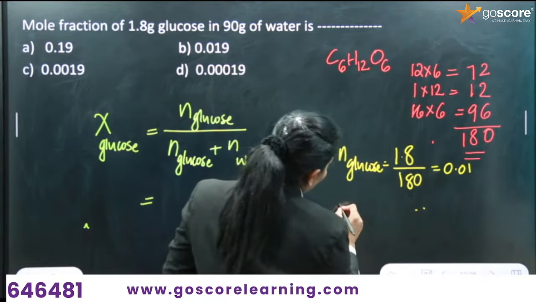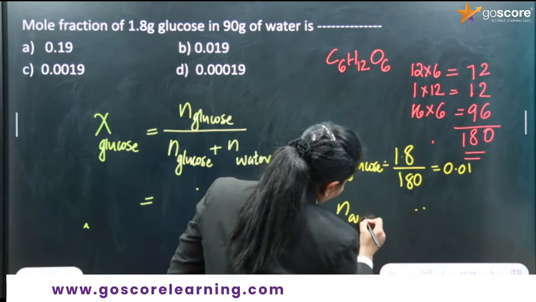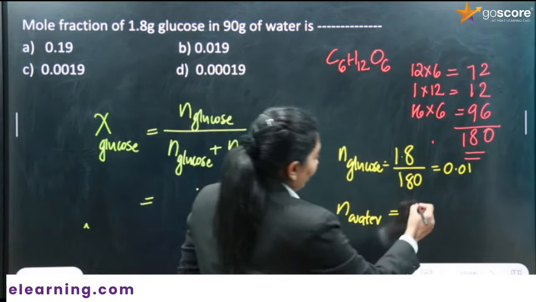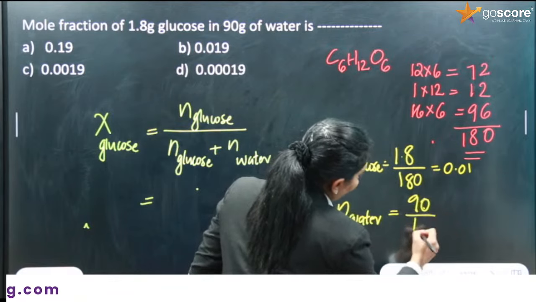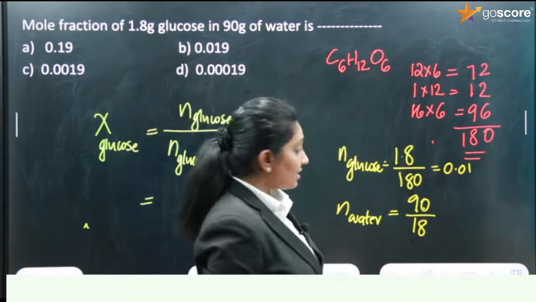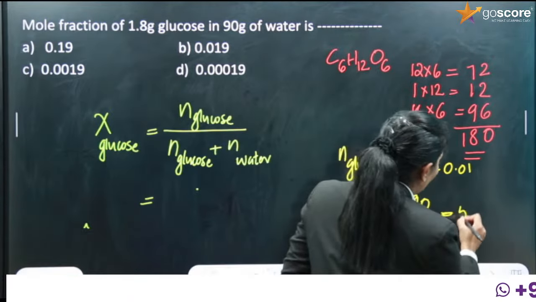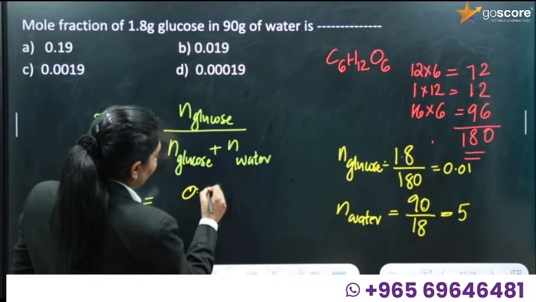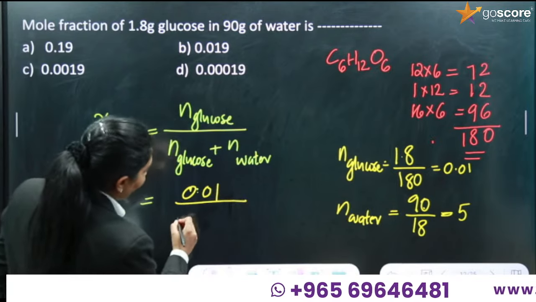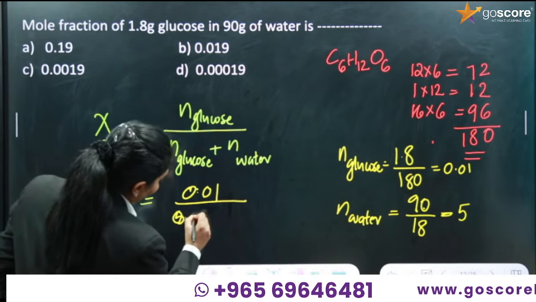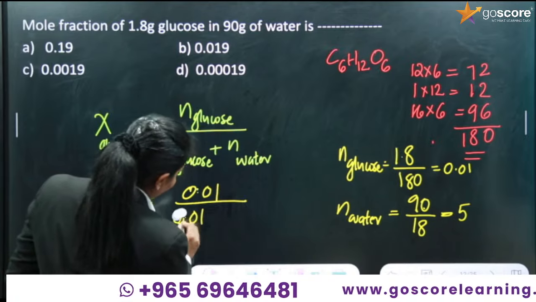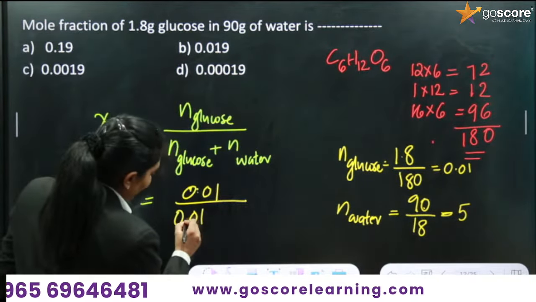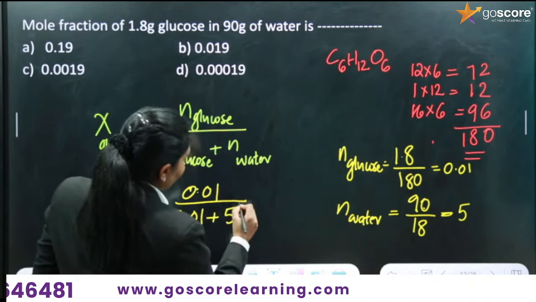So, what will be the number of moles of water? Here the given mass is 90 gram. 90 divided by the molar mass of water, 18, we will get the value 5. So by substituting these values, 0.01 divided by 0.01 plus 5.